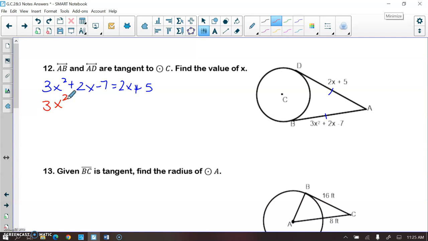Subtracting the 2x over, my 2x's go away. And then subtracting the 5 over, I get a minus 12. So actually, since we lost that middle term of that 2x, I can actually just solve this using the square root method. So I'm going to add this 12 over here.